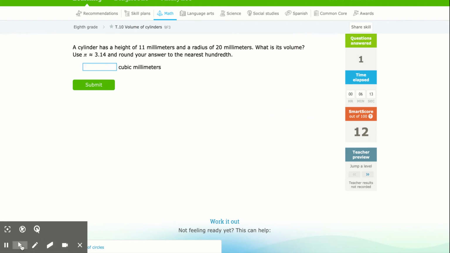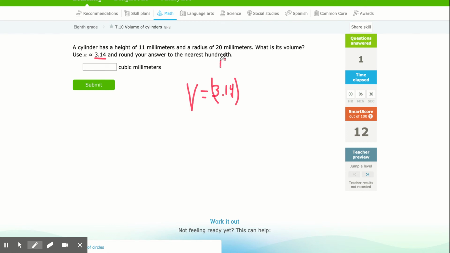What I'm going to do here just quickly is realize that all I need to find the volume is to use 3.14 for pi, multiply that by the radius squared. So what is the radius? A cylinder has a height of 11 and a radius of 20.